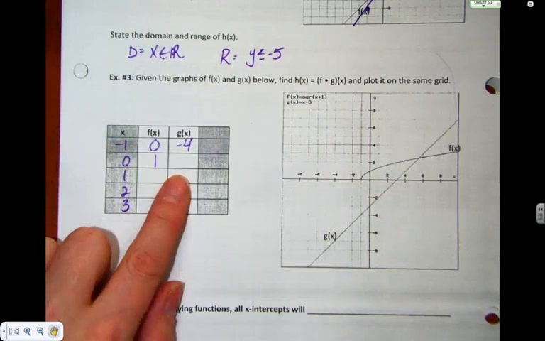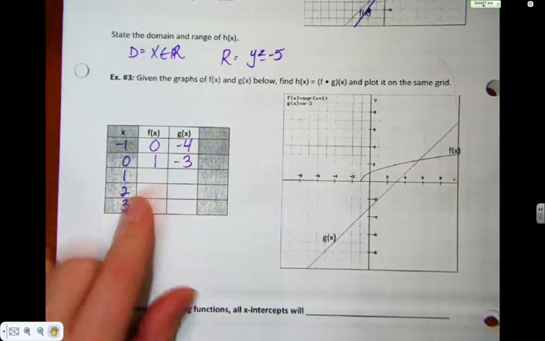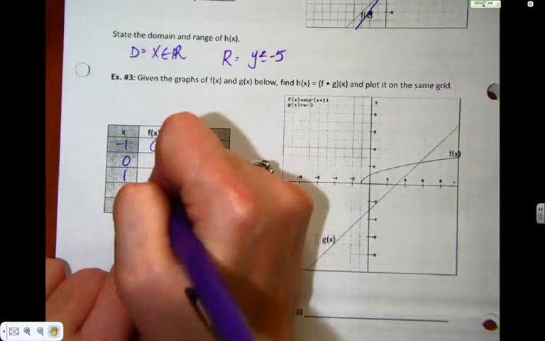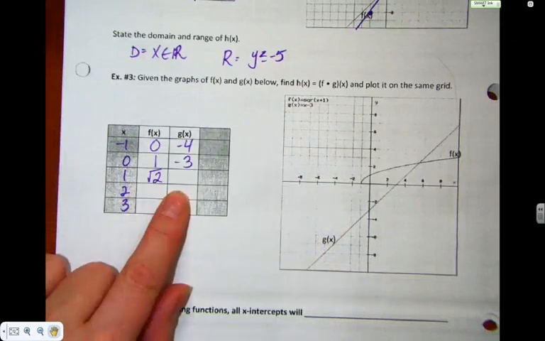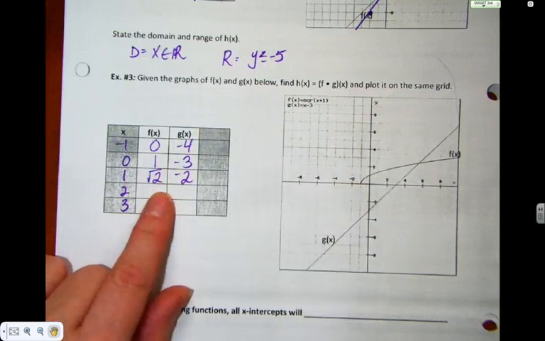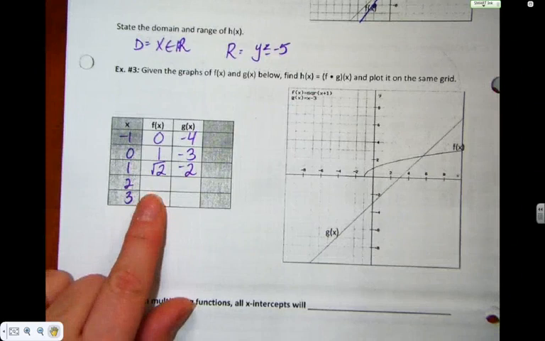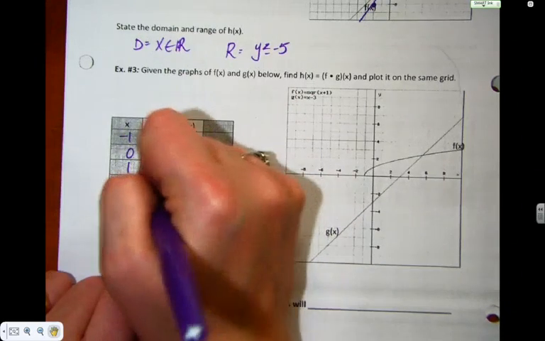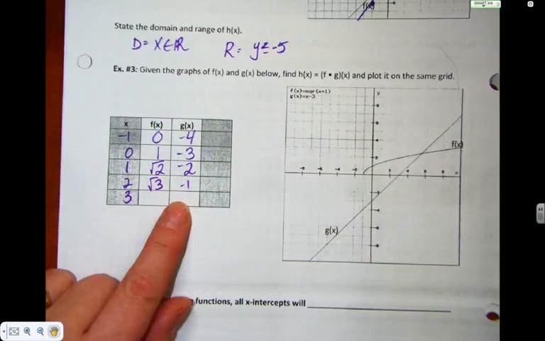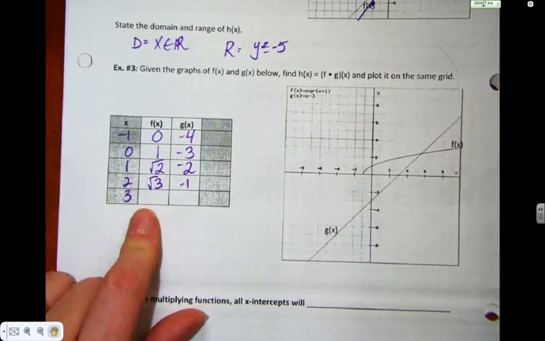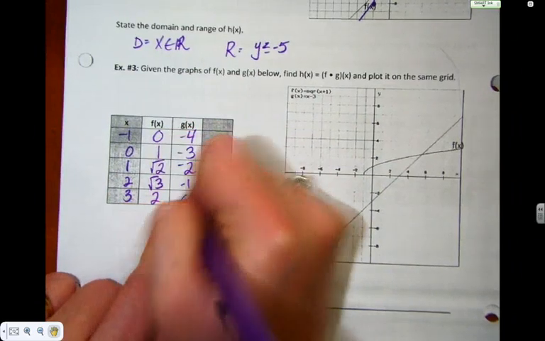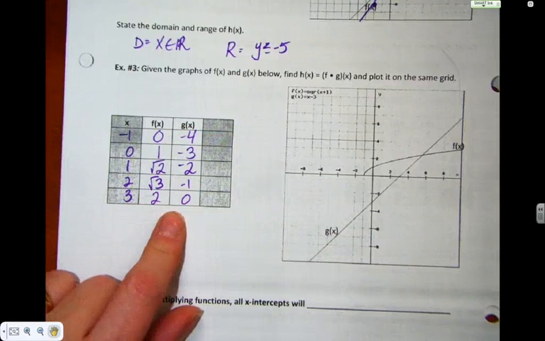And g of x at 1 is negative 3. Confirm. Okay. Root 3 and negative 1. 2 and 0. Confirm.